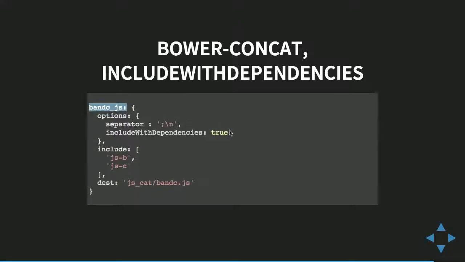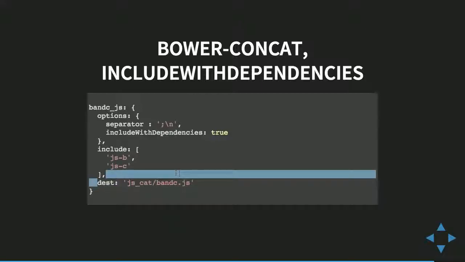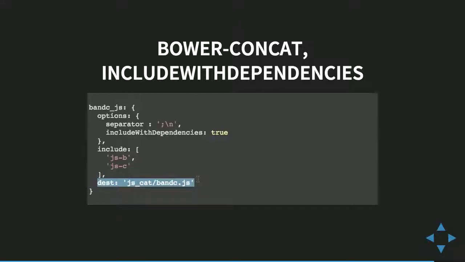We give it another defensive semicolon, include with dependencies true, and now you specifically include JS B and JS C, and it's going to create one destination file, B and C. Now if C requires D and D requires E, it's going to pull those down, put them in dependency order, and they'll show up in your B and C.